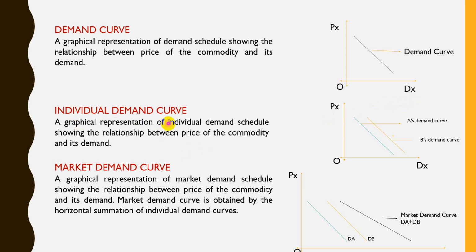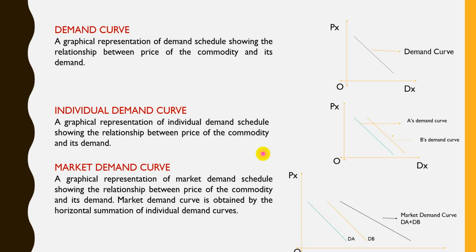Individual demand curve. A graphical representation of individual demand schedule showing the relationship between price of the commodity and its demand.